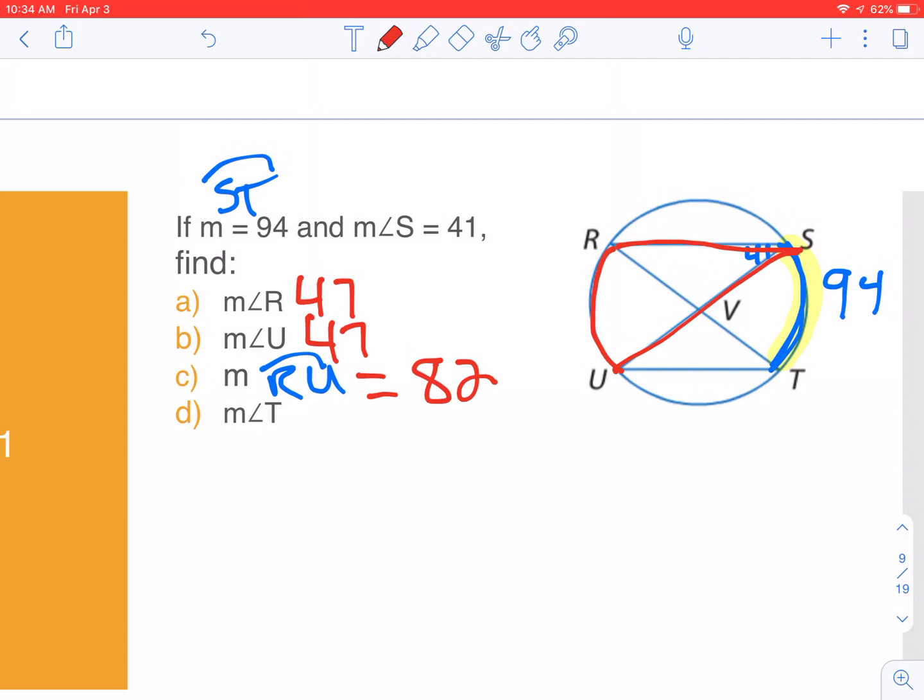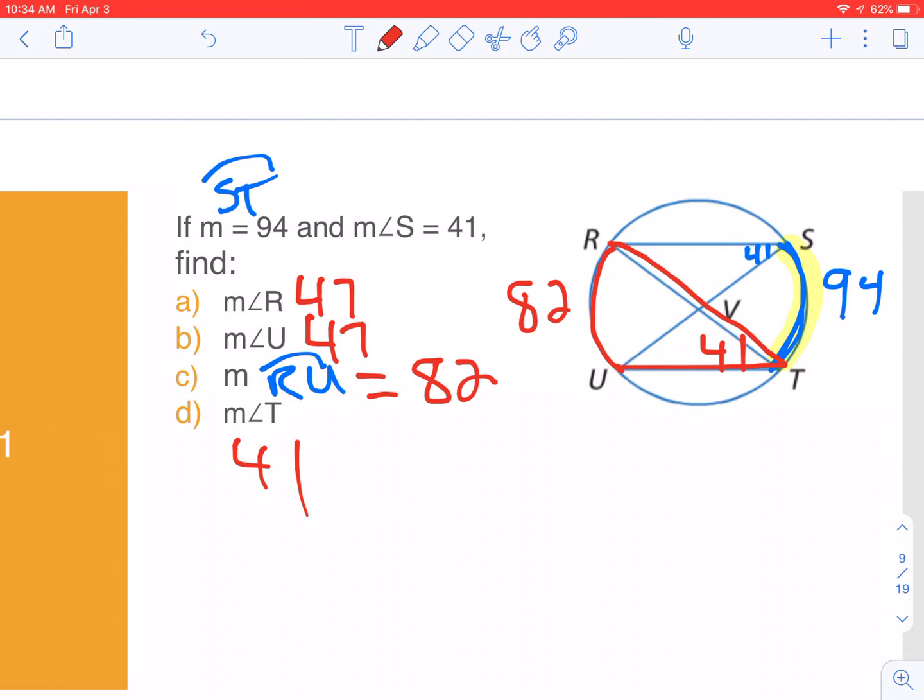What I'm also going to find, which is going to lead us to our next theorem, is that if I know that RU is now 82, then this angle here is 82 divided by 2, which is 41. 41, angle T.